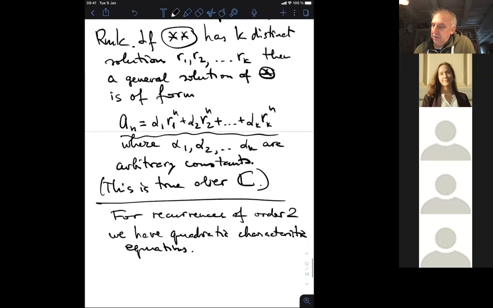So in other words, what do we have? C2 r squared plus C1 r plus C0 equal to 0.